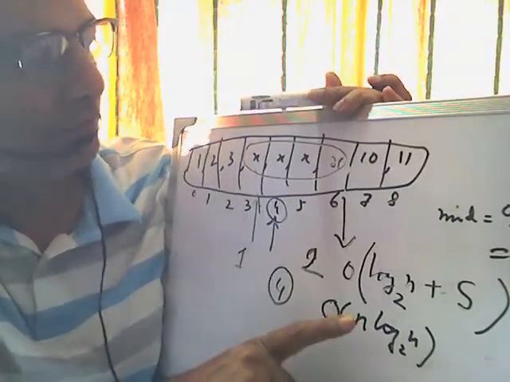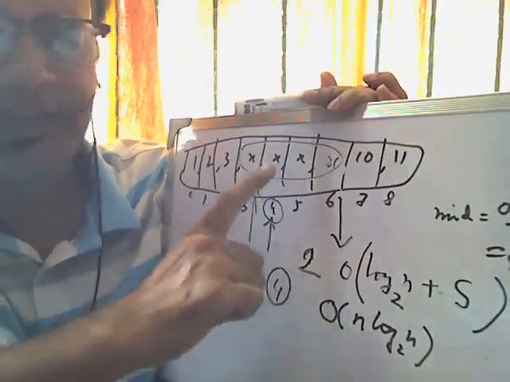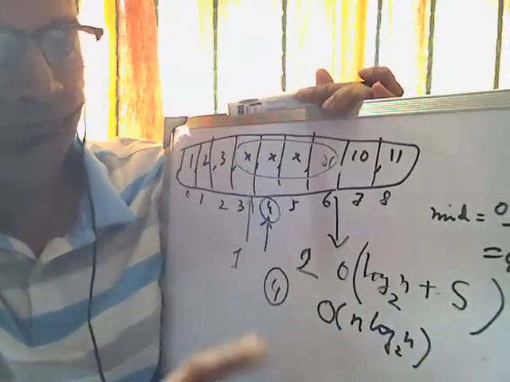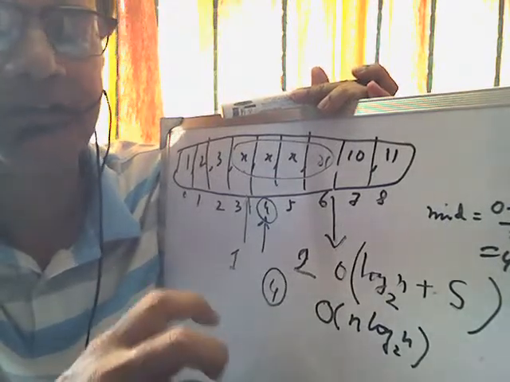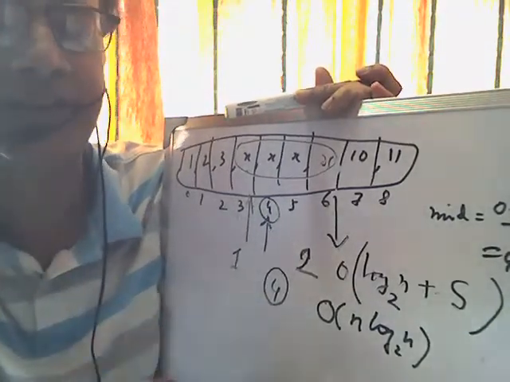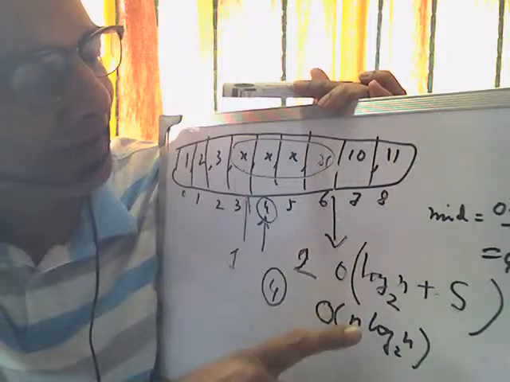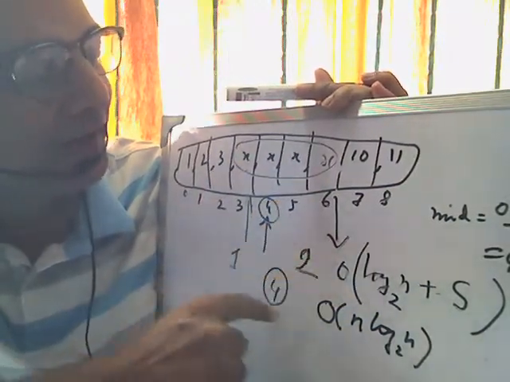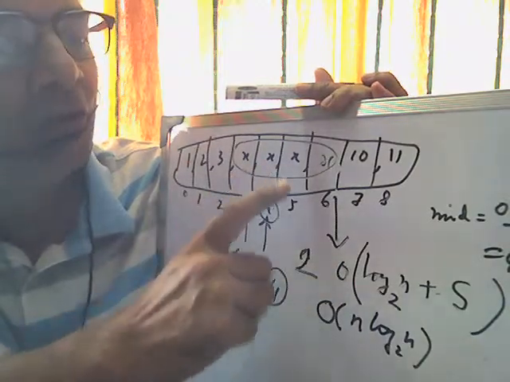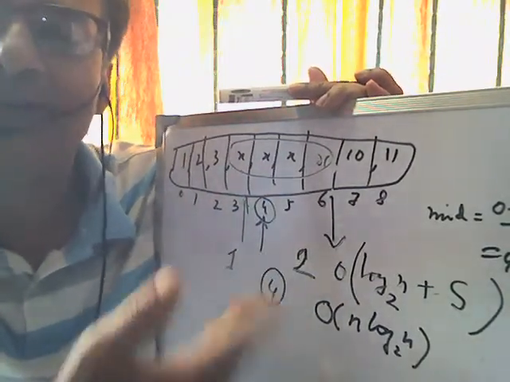Then you can find out the number of occurrences of any element every time. Then it will be helpful. Otherwise, if the number of insertions and deletions are more, then every time you have to do the inserting and deleting, so that the entire array will be sorted again. Then it will take more time.